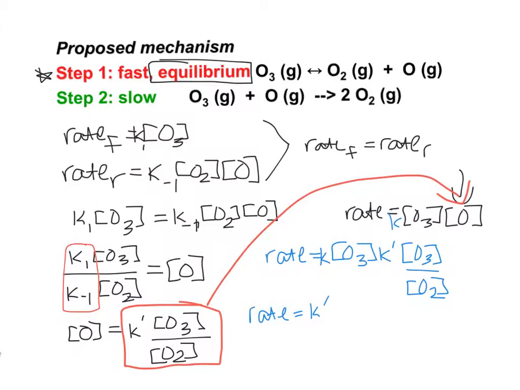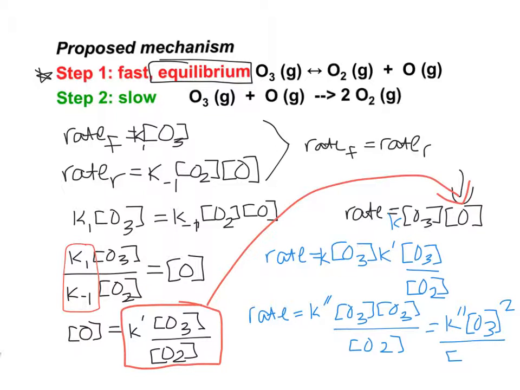Rate equals K double prime. Now I have O3. I'll just do it all out for you so you can see the whole thing. O3 over O2, which equals K double prime O3 squared over concentration of O2.